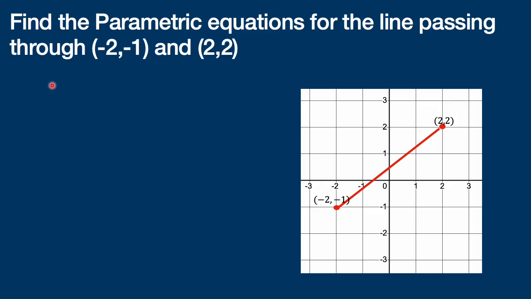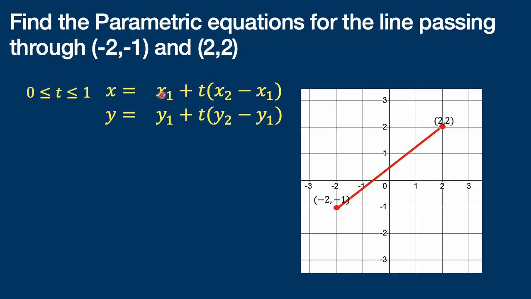The t value is always 0 to 1 when you're talking about a line segment. x is going to be x1 plus t(x2 minus x1). y is going to be y1 plus t(y2 minus y1). You can change the order. (x1, y1) is the initial point. (x2, y2) is going to be the terminal point.